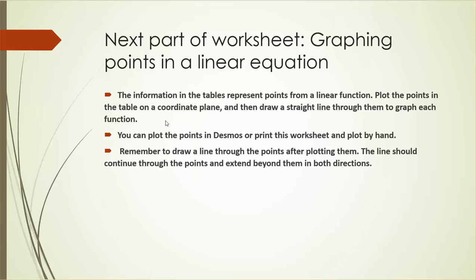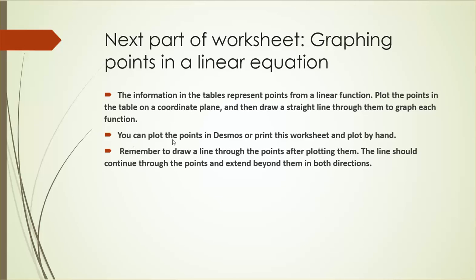All right, so now you have finished up through number 6 on the worksheet, and now we're going to look at graphing points in a linear equation. So we're going to be given some tables that are linear. So for the rest of the worksheet, assume they are linear. We will plot the points in the table on a coordinate plane and then draw a straight line through them to graph.